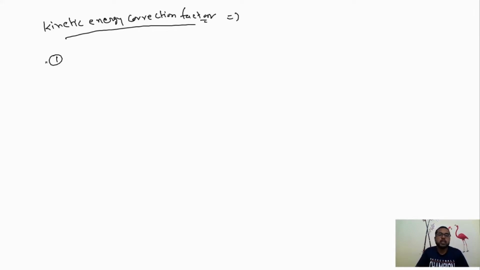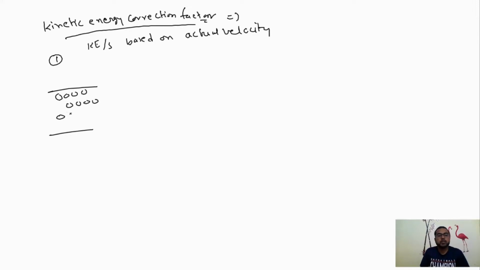Just like before, first calculate the kinetic energy per second based on actual velocity. So see what is going to happen here. Suppose this is your pipe, different layers have different velocities. So again you have to take an elementary ring.